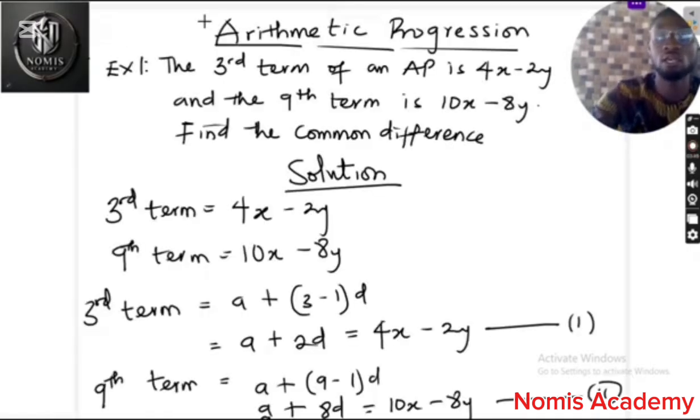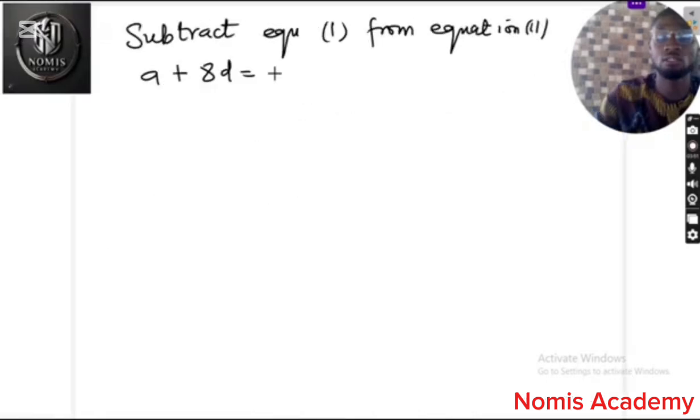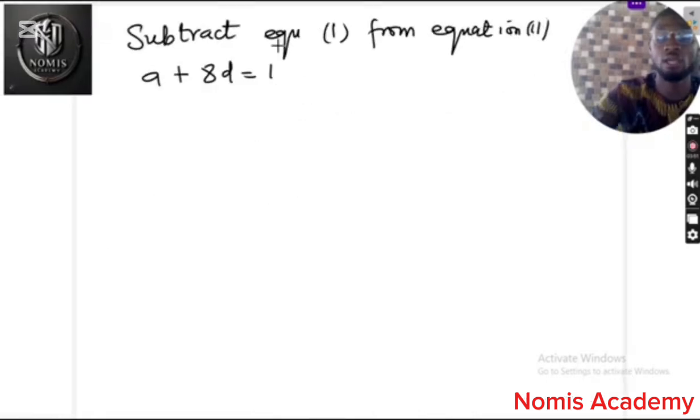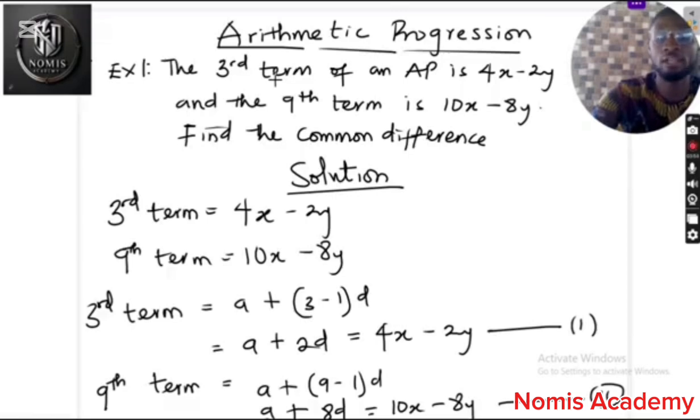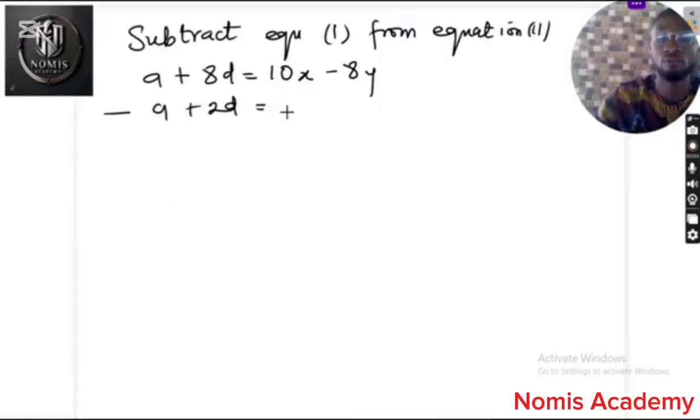Equation 2 says a plus 8d is equal to 10x minus 8y. Now, minus the first one that says a plus 2d is equal to 4x minus 2y. So when we subtract, what do we have?